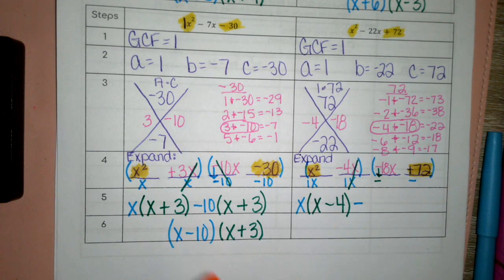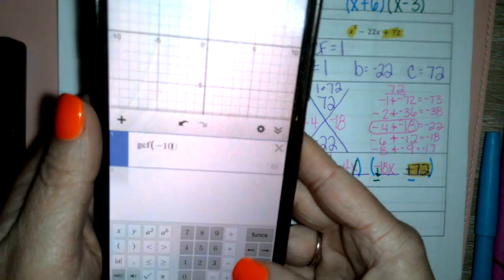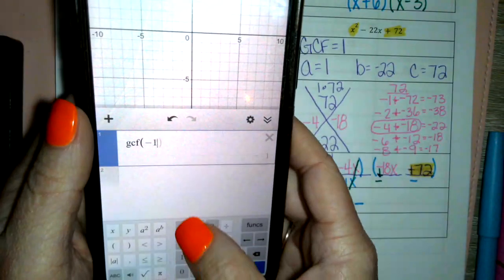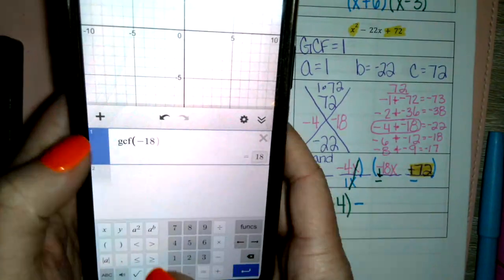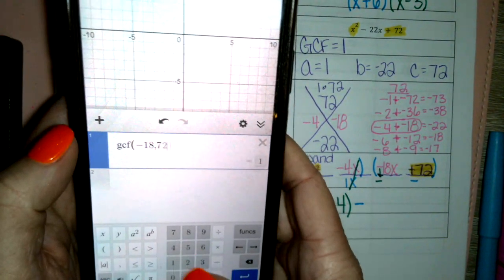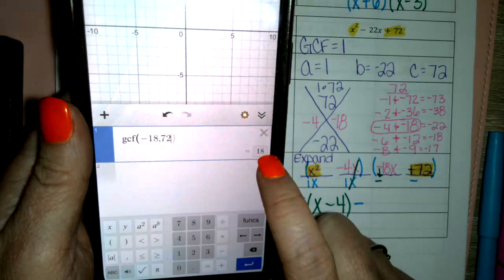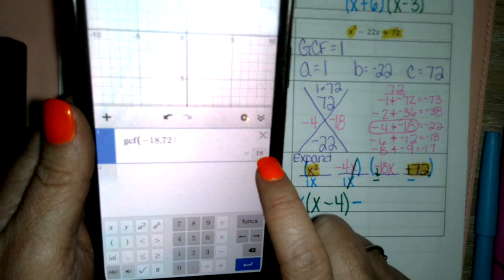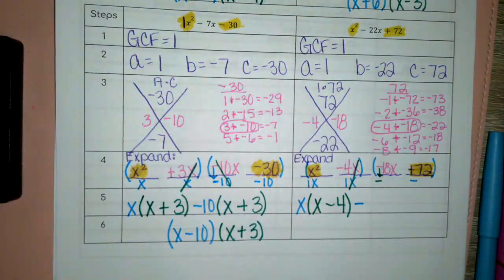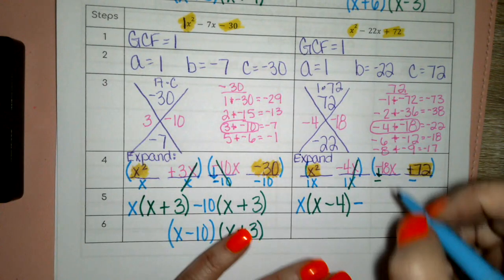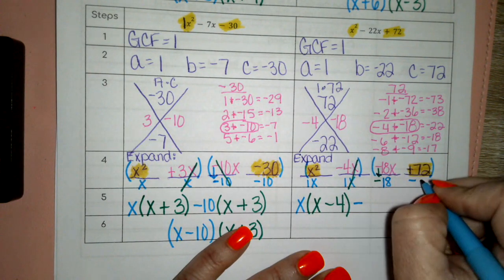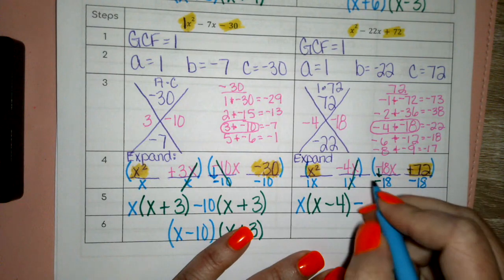And when I type in -18 and comma 72, it gives me 18 for my GCF. So my GCF is 18. -18.